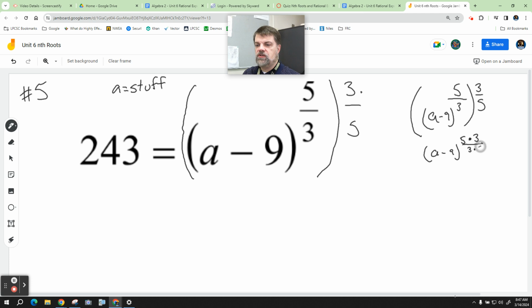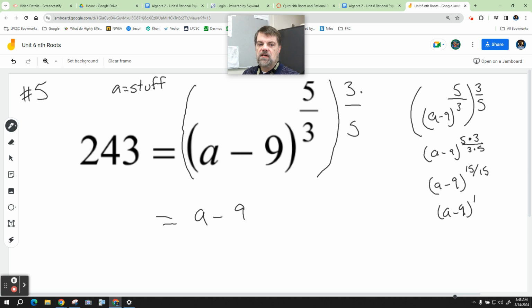In other words, you're going to multiply those two powers. I'm going to take this and multiply it by this, which is the same as a minus 9 raised to the 15 over 15, which is the same as a minus 9 raised to the 1. So basically, I'm left with just a minus 9 over here.